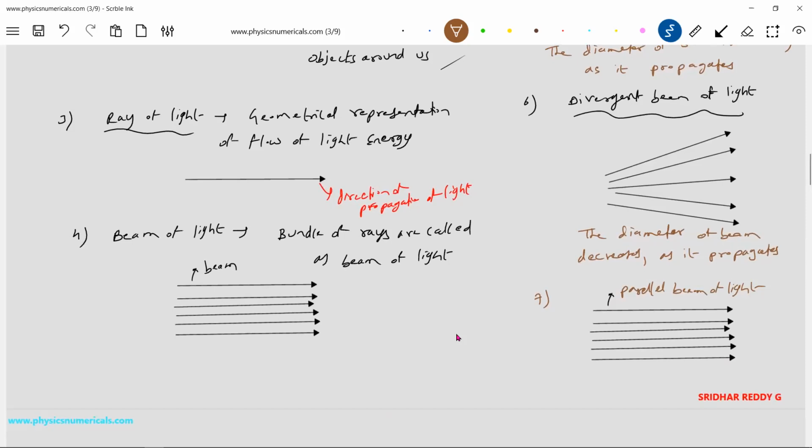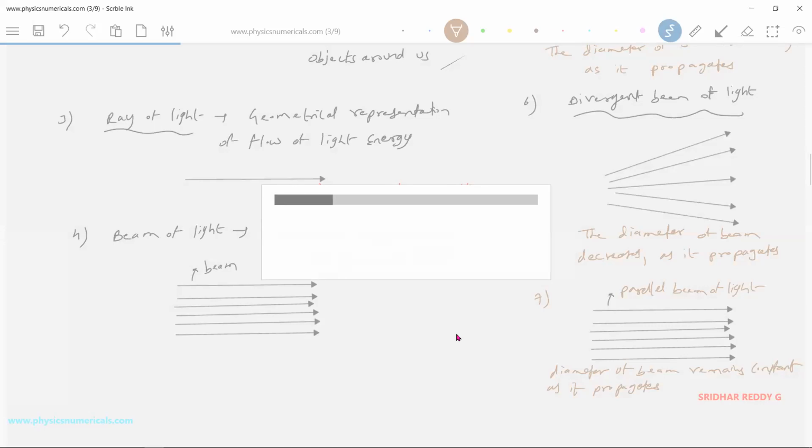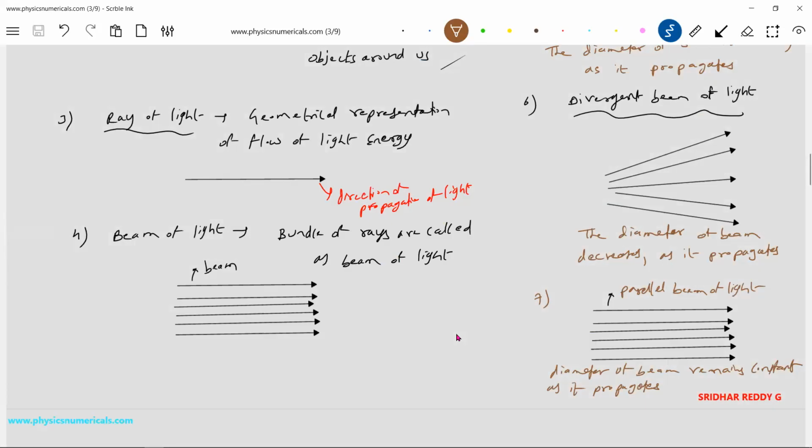Parallel beam of light: here the diameter remains constant as it propagates. These are very important terms we'll often be using in this optics chapter: divergent beam, convergent beam, parallel beam of light.